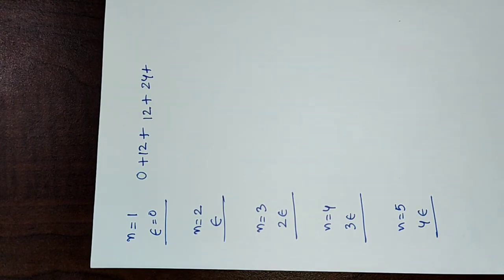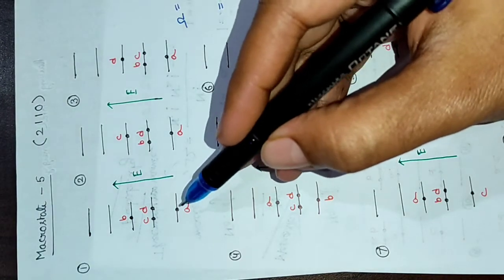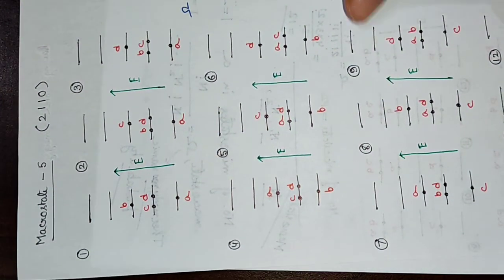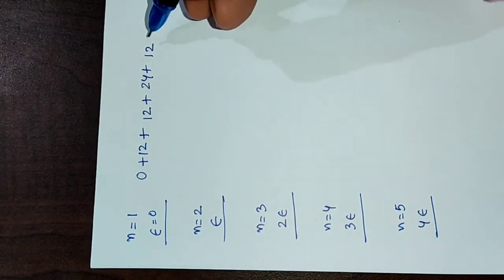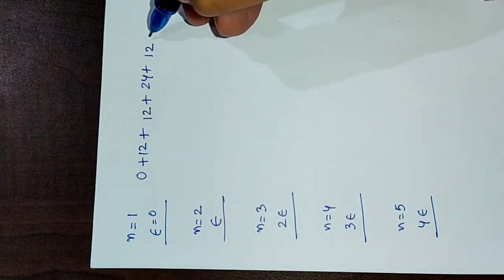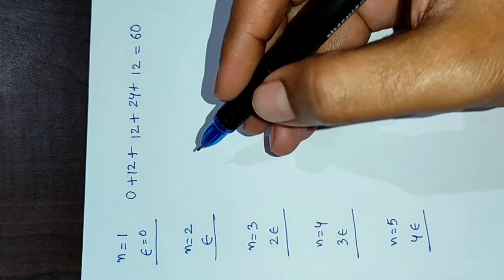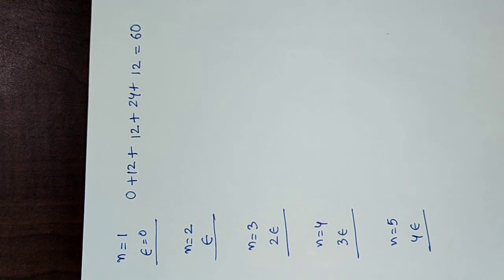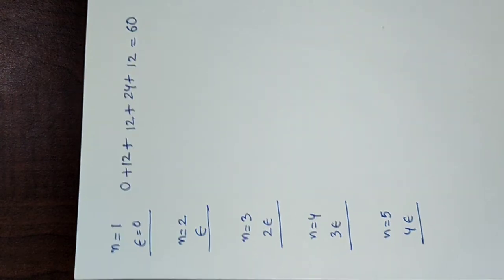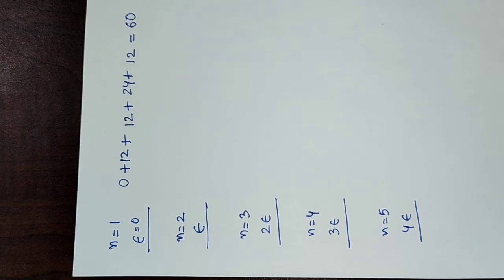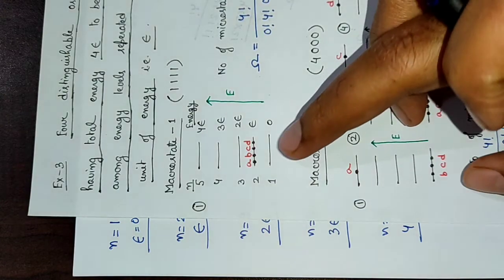And in the 5th macrostate, we have 1 particle in the ground state and 12 microstates here, so it will be 12. So in total, we have... in a similar way, if we try to find out the number of particles in level 2, that is the first excited state, then here we will get 4.